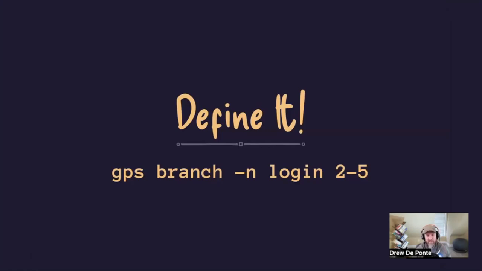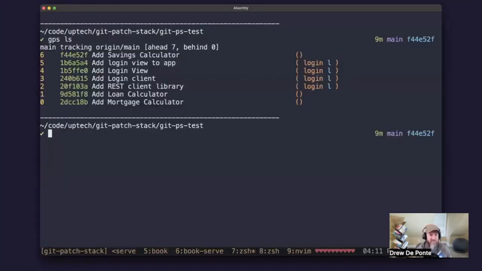And so all we do is we can do a git GPS branch -n login 2-5. And that creates our patch series for us. The branch command creates just a local branch. That's why we saw the L next to it in the previous example. And so it ends up resulting in this, right? No big deal, pretty simple.